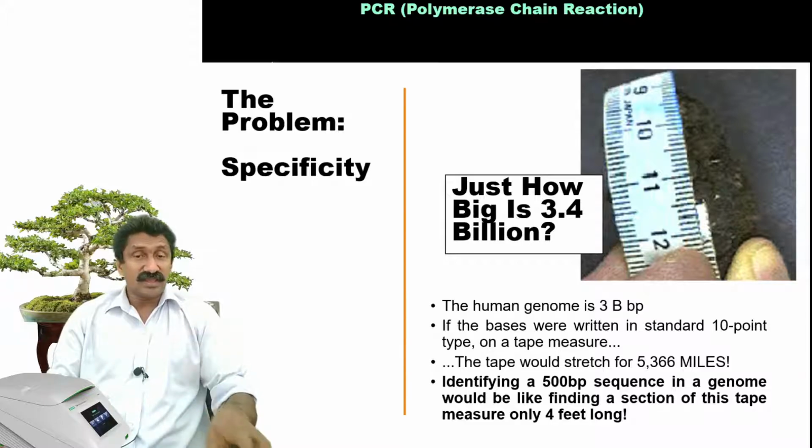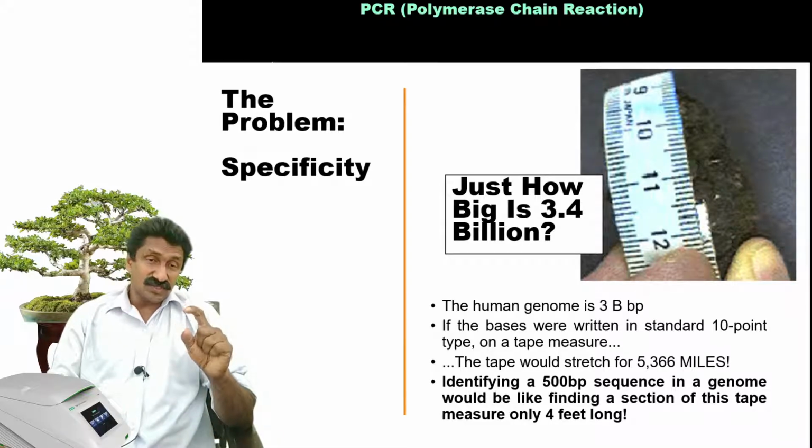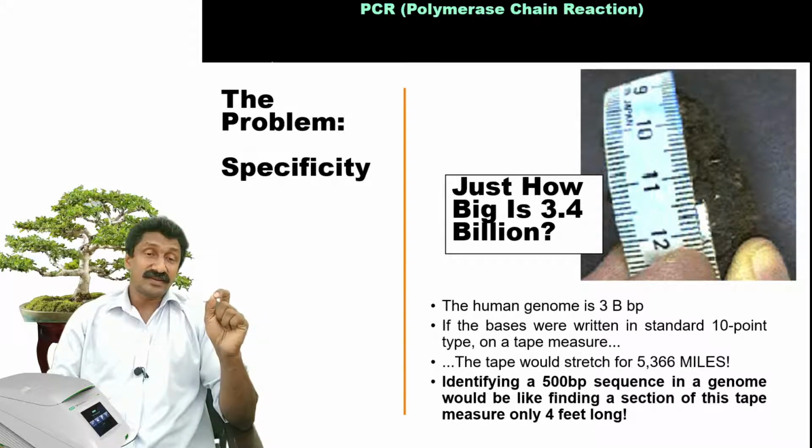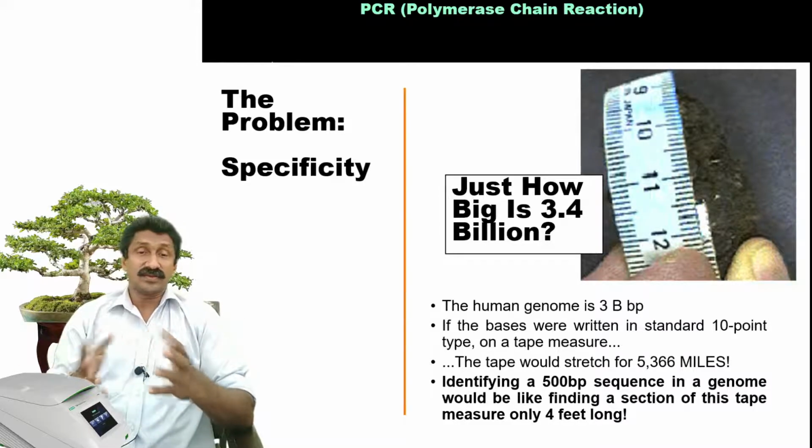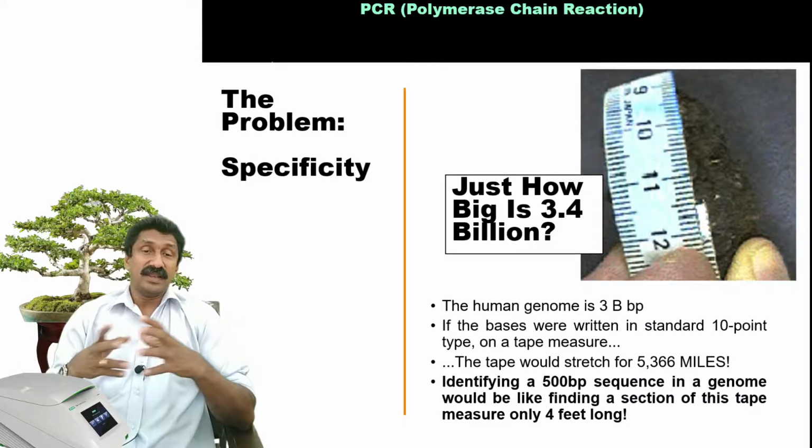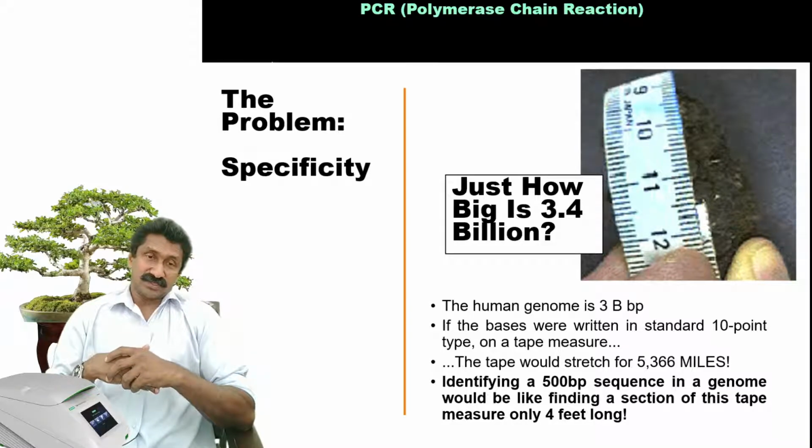That would be something like finding a section of this tape of about 4 feet long from 5,366 miles. So if you can easily locate a 4 feet long region from 5,366 miles, then easily you can find such a 500 base pair length in 3 billion base pairs.